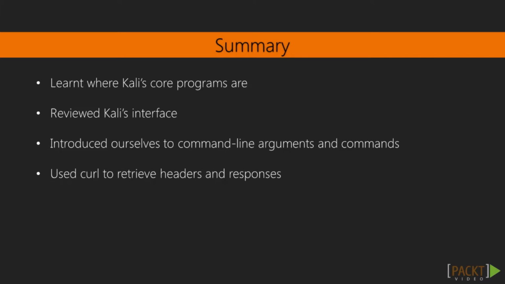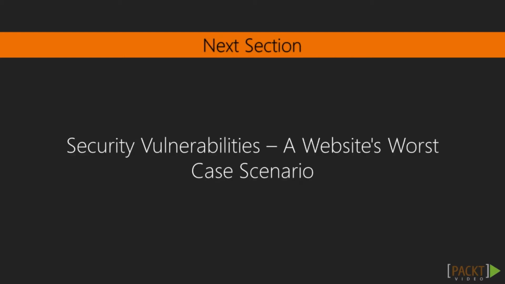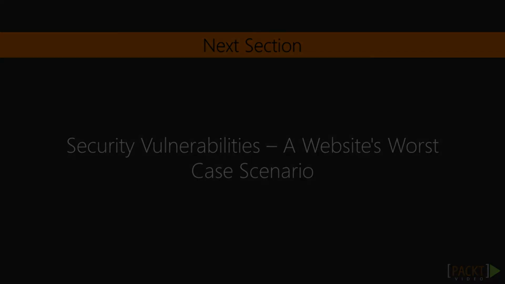We looked at curl and also a few commands such as ls and ifconfig, and we used curl to retrieve headers and responses to introduce forensics almost, so that we can move on to curl later on, having a little bit of understanding of what it is. So in the next video we'll be looking at SQL injection, and we'll be in a new section, security vulnerabilities or website's worst case scenario.